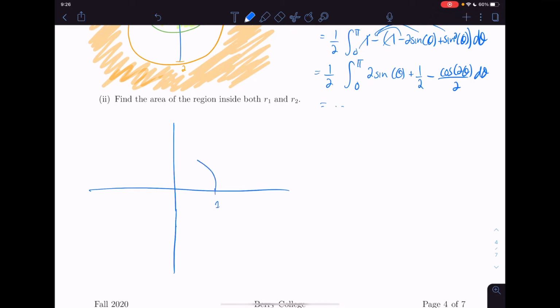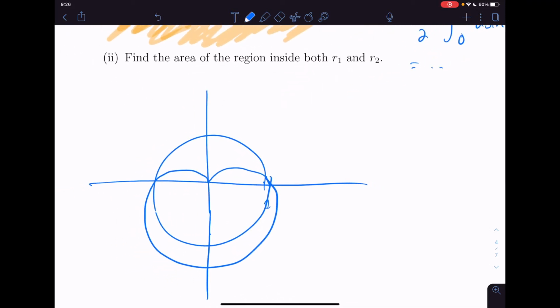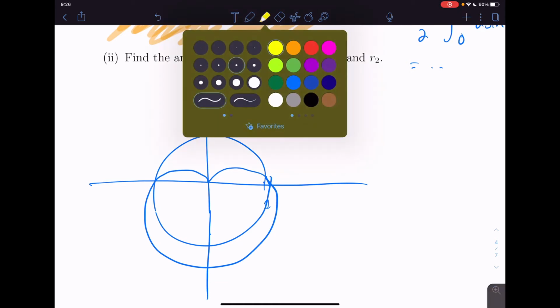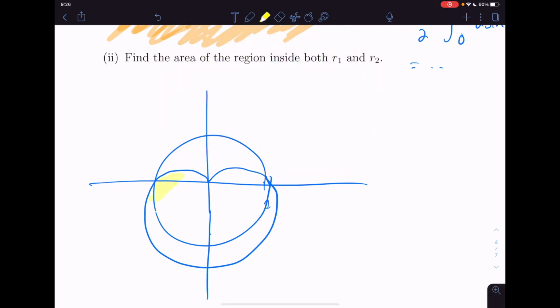That's a 1. We have a nice circle of radius 1 there. We have a nice cardioid. There we go. And what we want to do here is find the area inside both at the same time. So that's going to be, for example, this tiny cardioid in the middle.